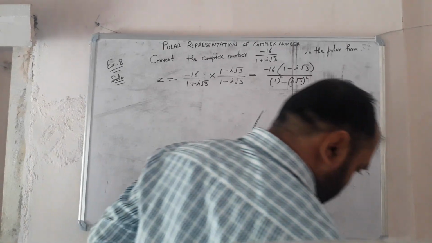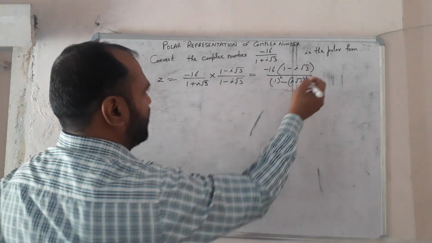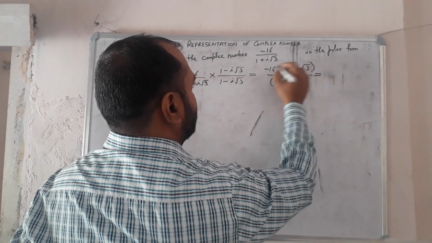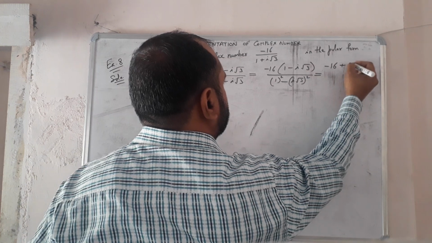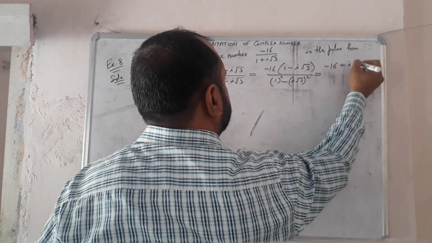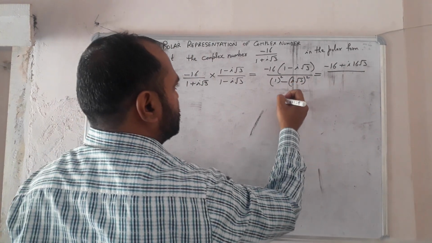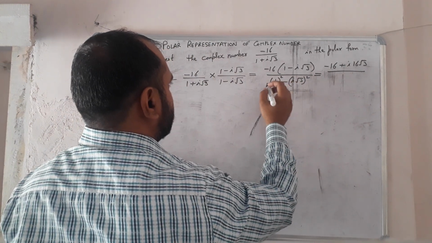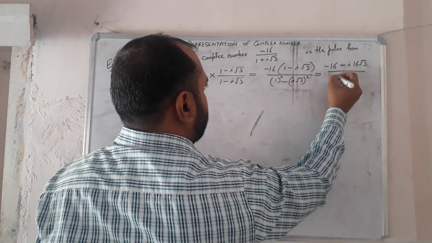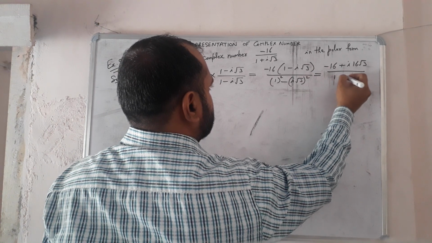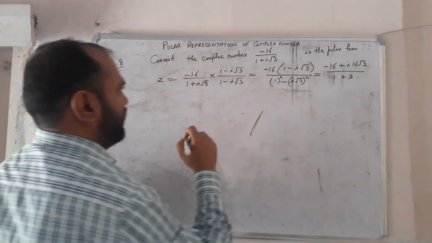Now when you multiply this, we get minus 16 plus iota 16 root 3 over 1 plus 3, right? That is 4.